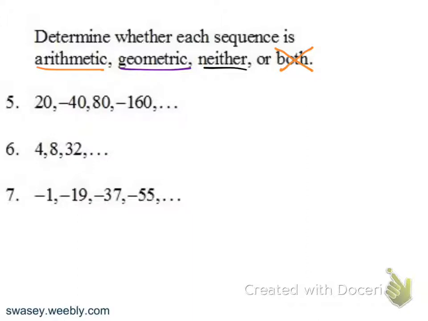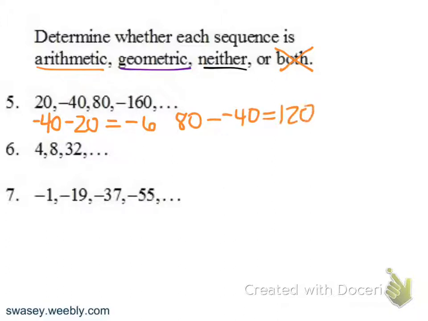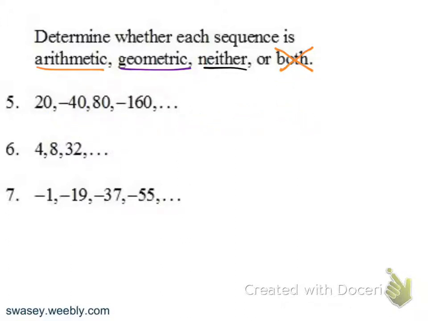All right, so number 5, if we try to do addition, we quickly realize that it doesn't work. Negative 40 minus 20 is negative 60. 80 minus a negative 40 is 120. So not arithmetic. Now let's see if it's geometric. So let's write our ratios and see if they're the same.